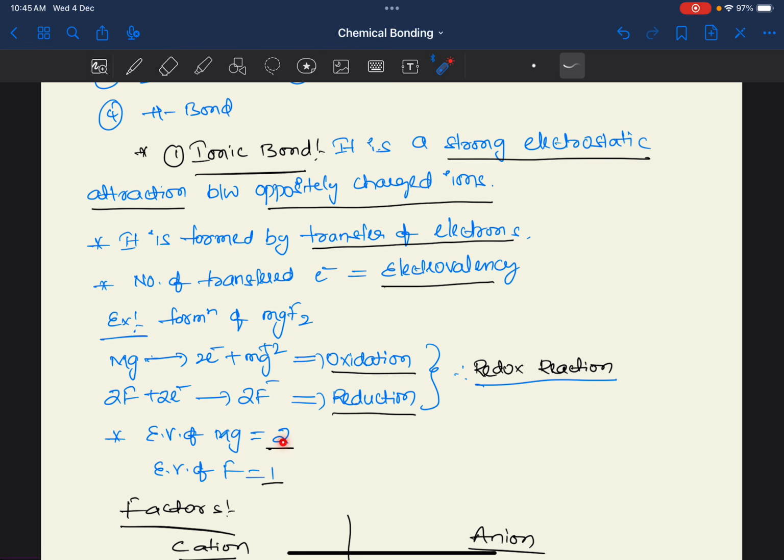Two electrons, so the electrovalency of magnesium is 2. How many electrons are gained by one fluorine atom? Only 1, so the electrovalency of fluorine is 1.